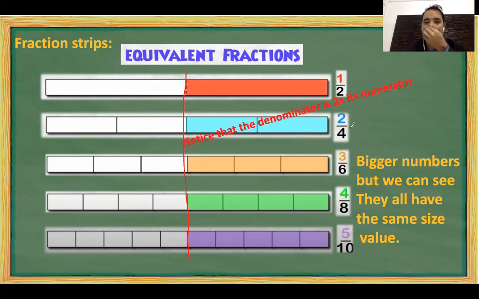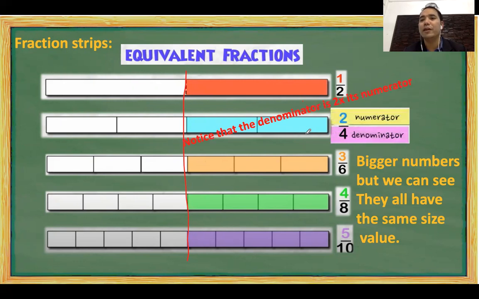Look at the denominator. The denominator is twice the numerator. 2 and then 4. The denominator is 4 and the numerator is 2. So it means 2 times. The denominator is 2 times the numerator.